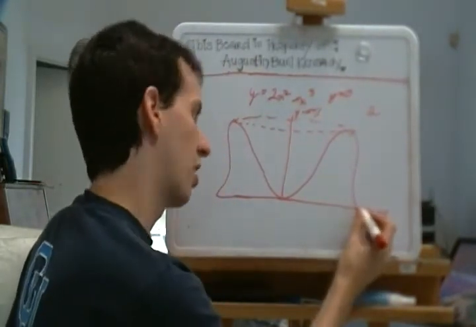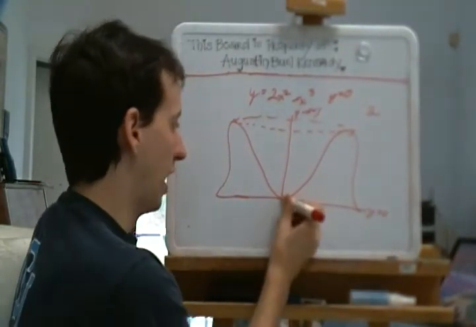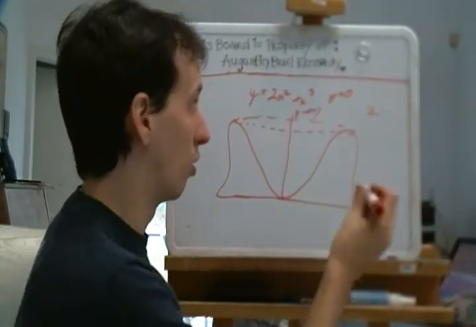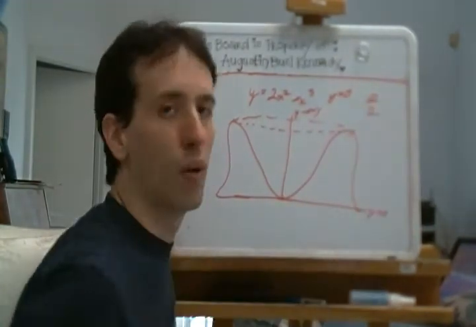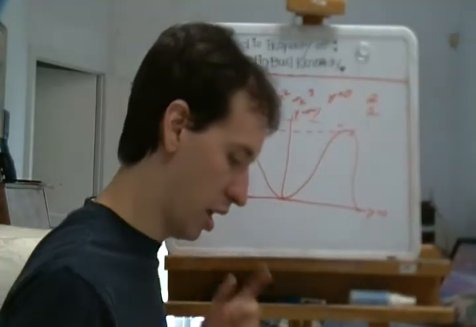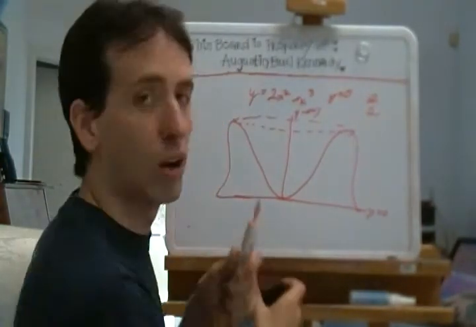That's where it's going to intersect y equals 0. And right here, we see that it's 0 at 0. So 0 and 2 are our integration bounds.